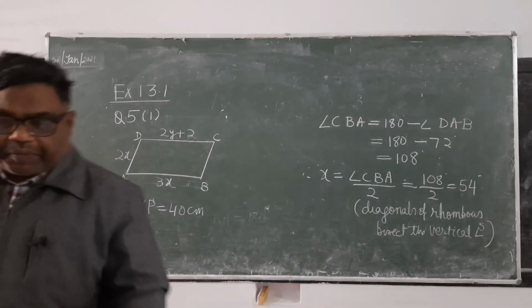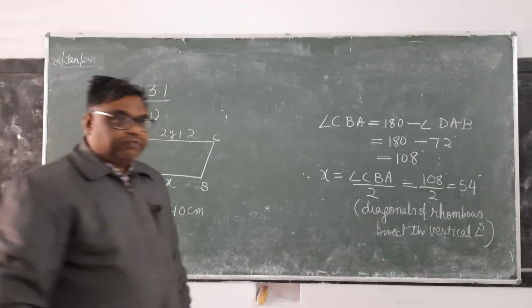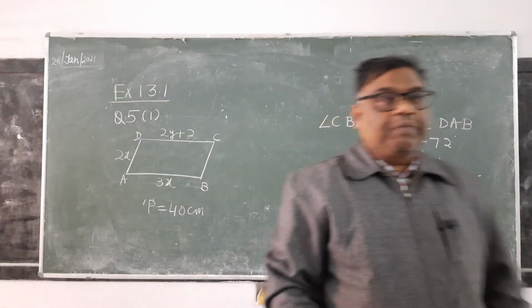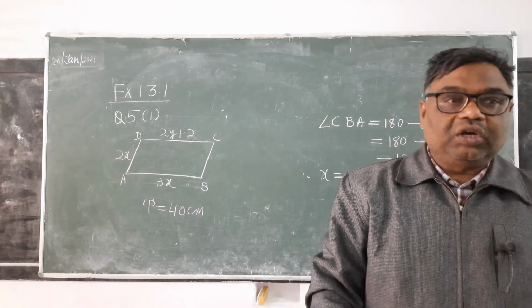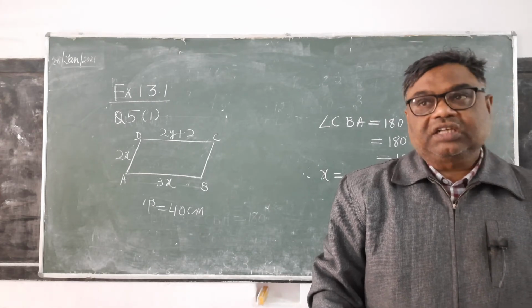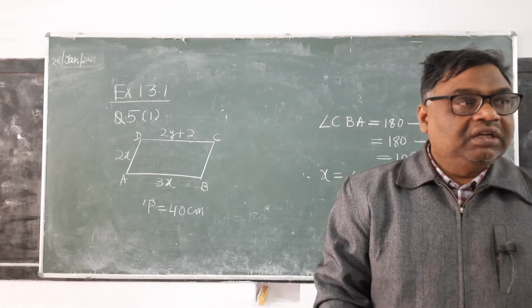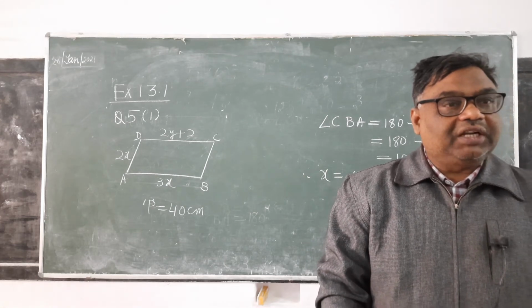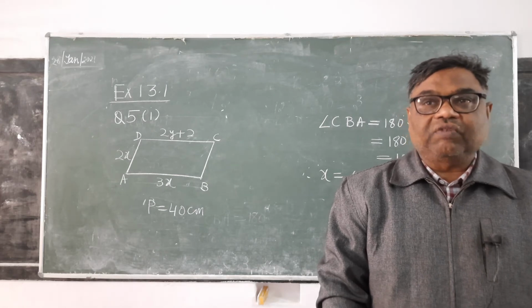Now what is the property of parallelogram? Which property you will use here? Here we will use that opposite sides of parallelogram are equal. It is clear? And here we will find out the perimeter in terms of x, not in terms of y.